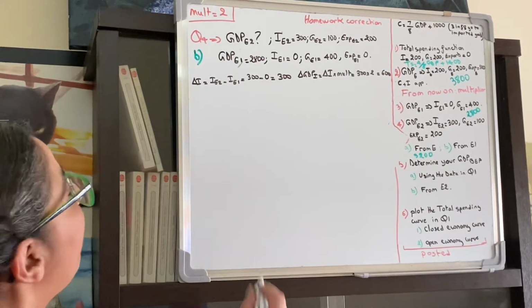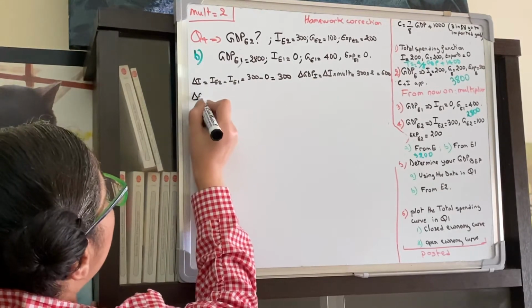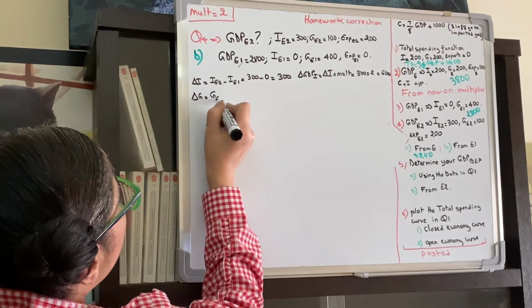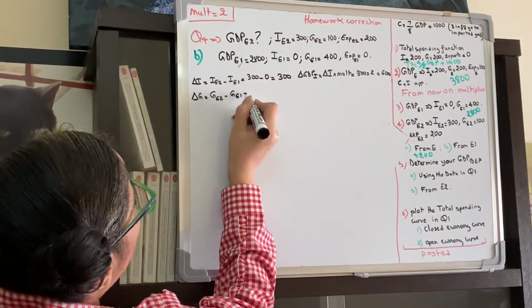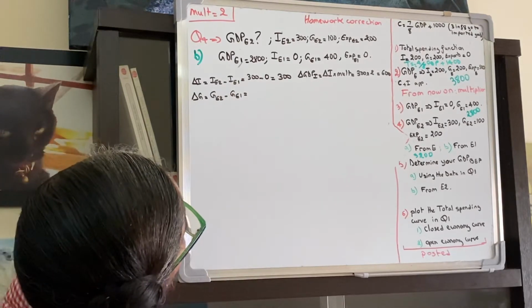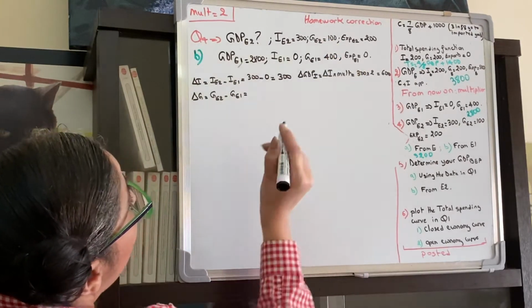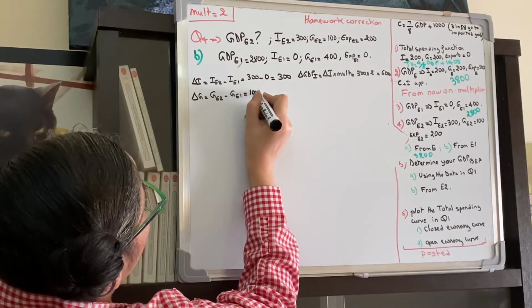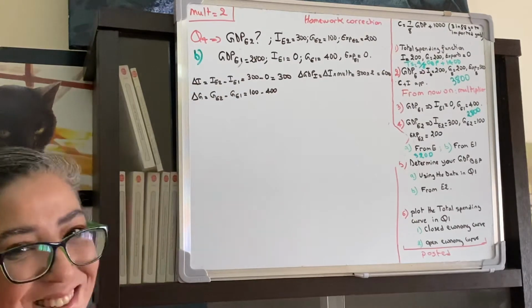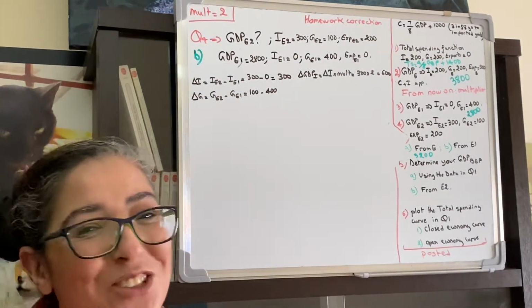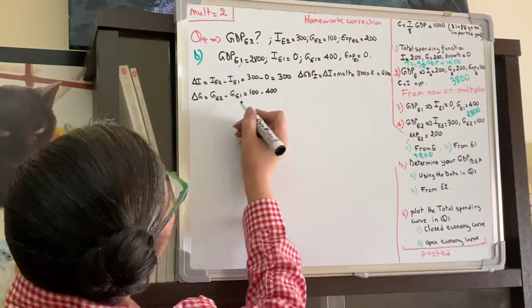Now I'm moving to government. So delta G is equal to the new G minus the old one, GE2 minus GE1, which is equal to 100 minus 400, again, negative 300. I swear to you, I didn't do it on purpose.